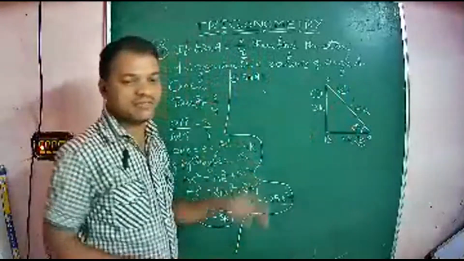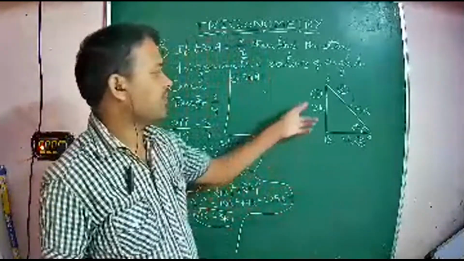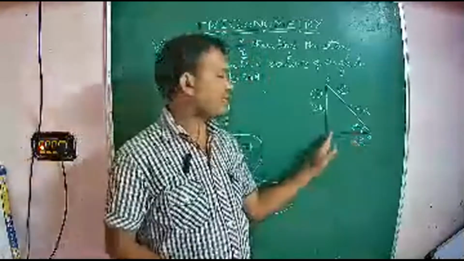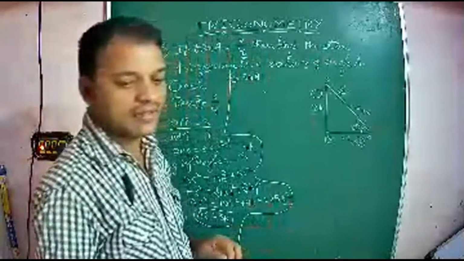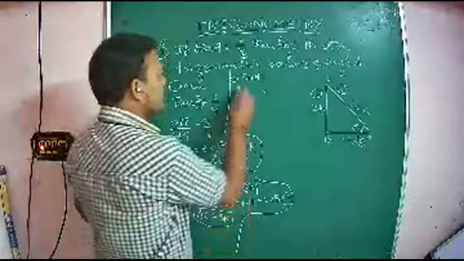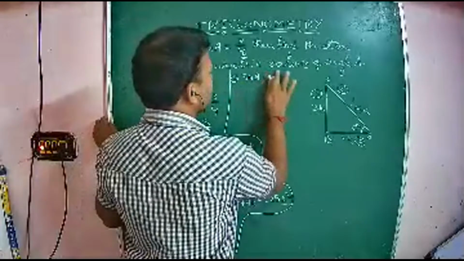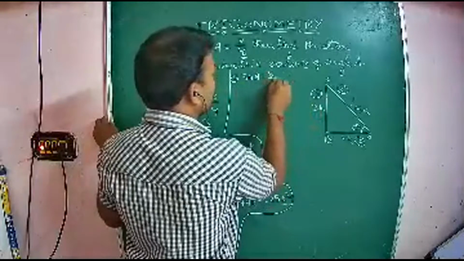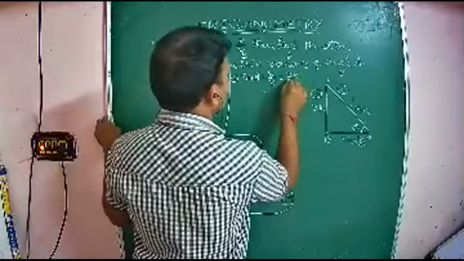In the previous video I told you that when finding trigonometric ratios, we consider the horizontal side x, the vertical side y, and the hypotenuse r. So sin A equals opposite side y by hypotenuse r, which is 3k by 5k.